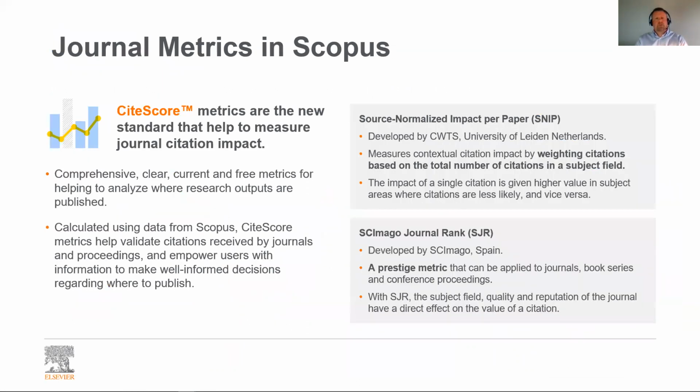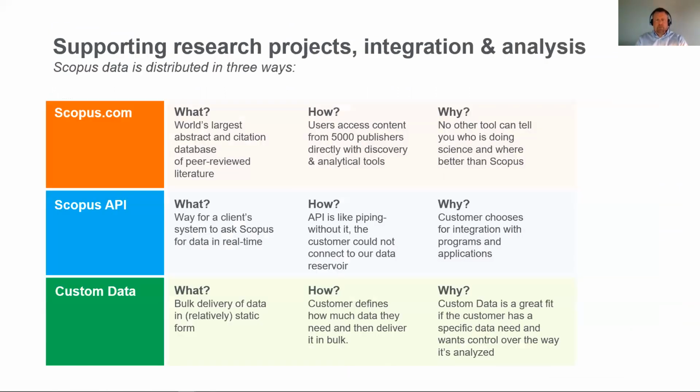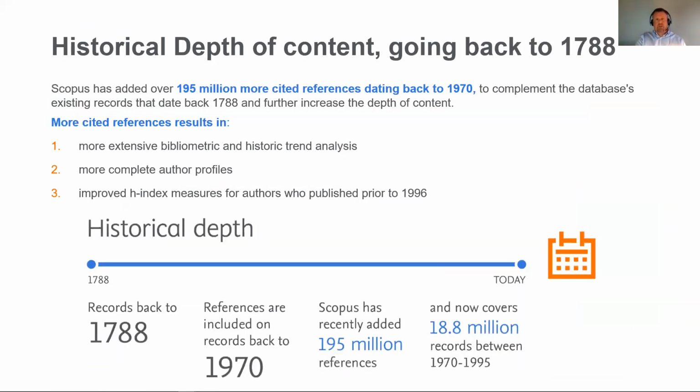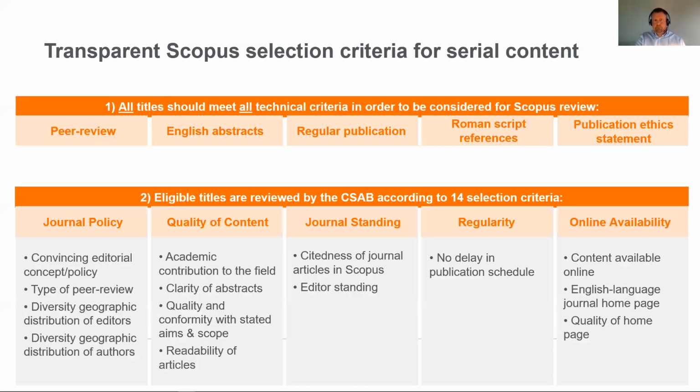Some additional information regarding the journal metrics that's found in Scopus. The difference between Scopus, the Scopus API, and custom data that we can extract from Scopus for alternative purposes as well. The historical depth of content. Transparency to our selection criteria.